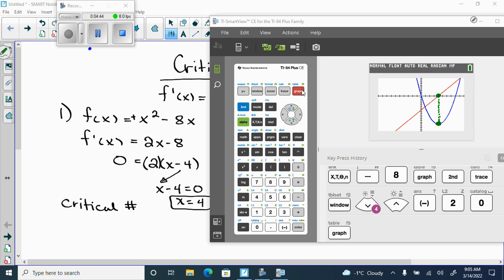Now this is also something to note. These have tangent slopes, so this part is below the x-axis. The graph is actually decreasing here.